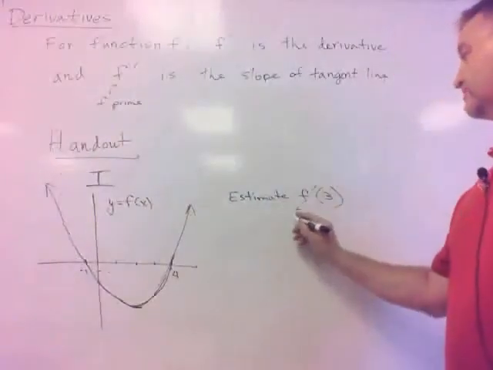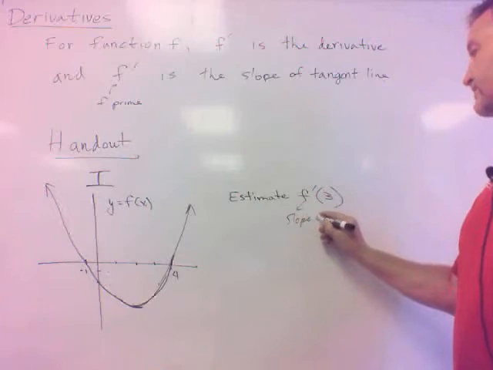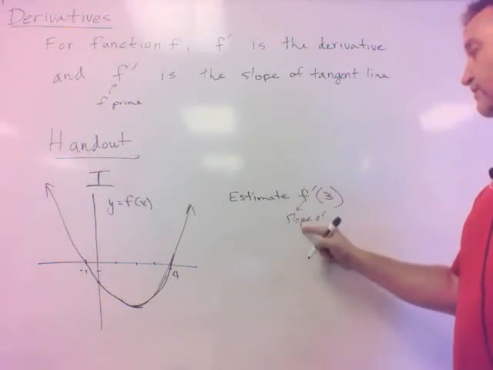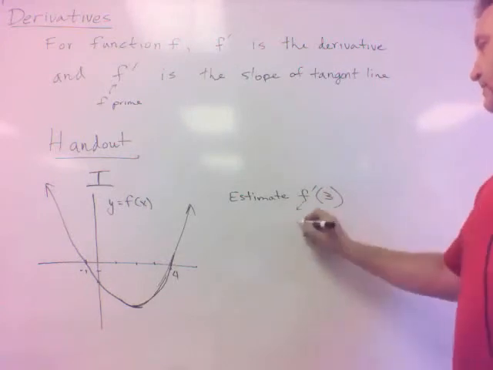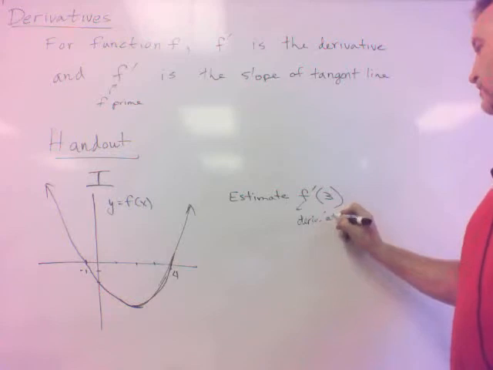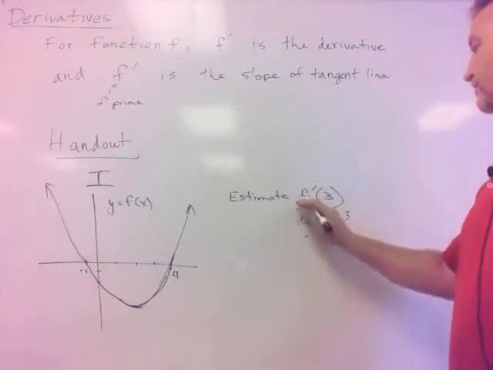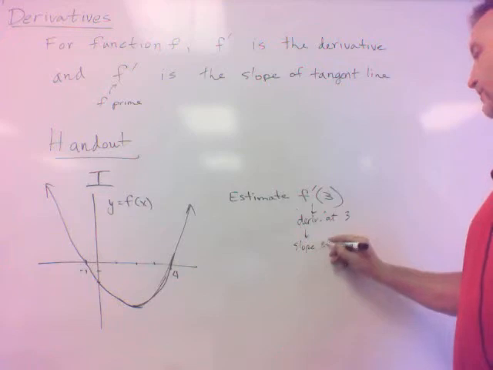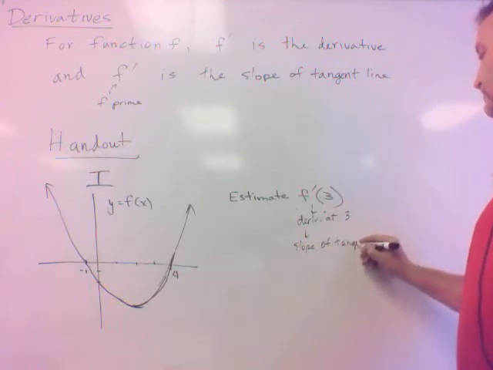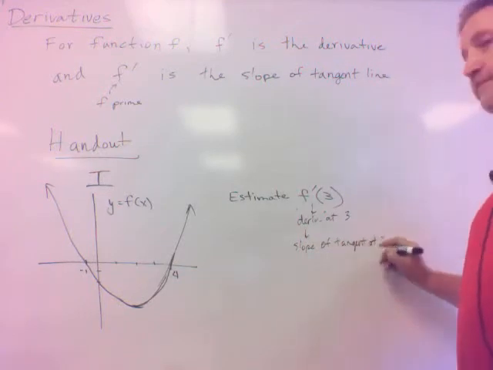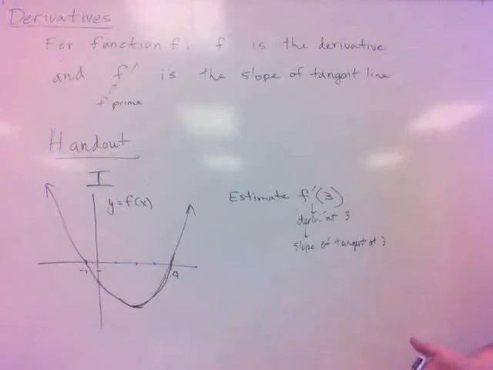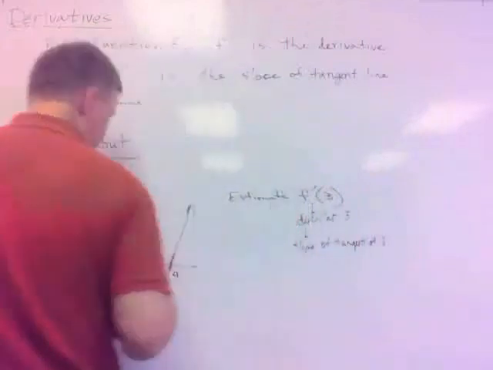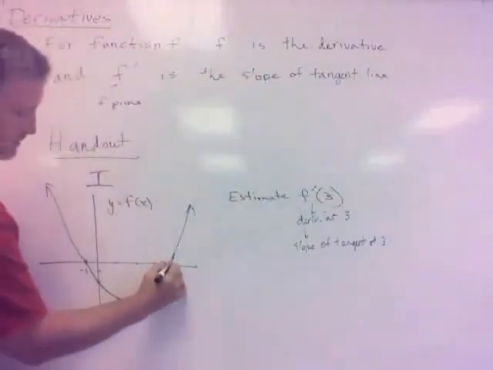So this is what I want to do. I want to estimate the slope of the tangent. So I want the derivative at 3, but the derivative at 3 means the slope of the tangent at 3. Well, we've done this previously, right? We just had a little different context, but now we're calling it the derivative. So I just come here at 3.